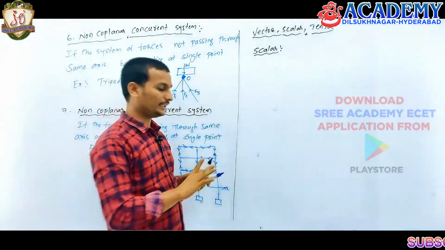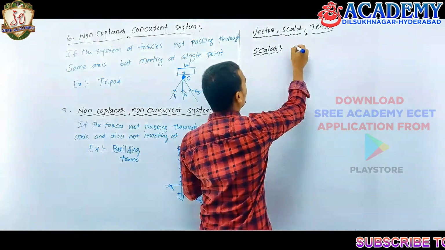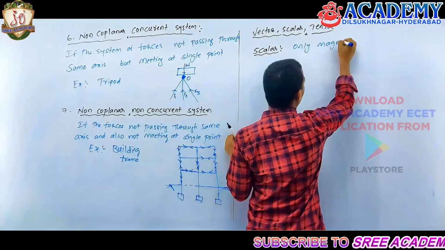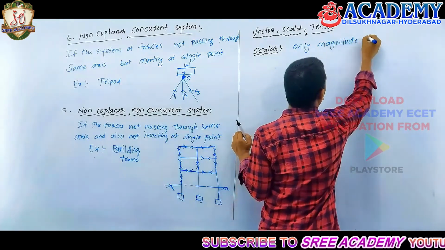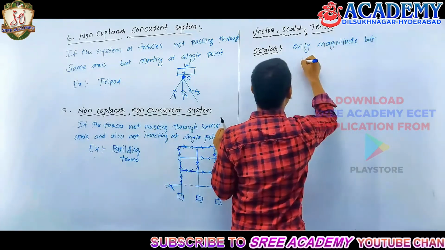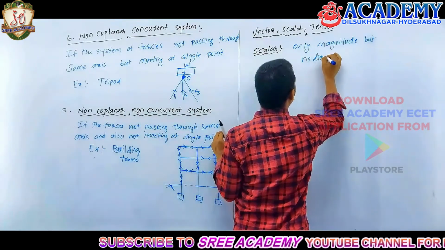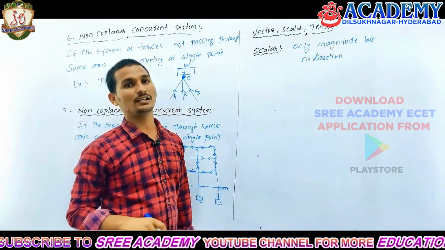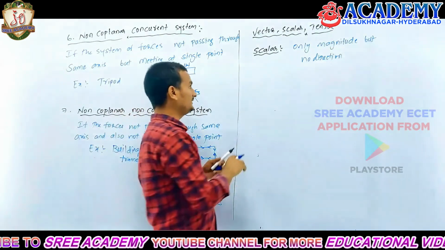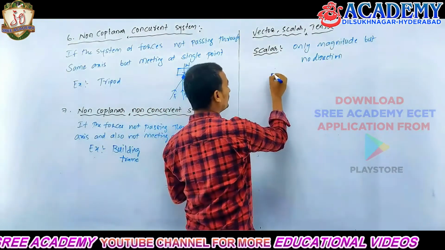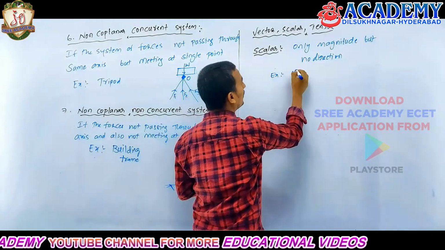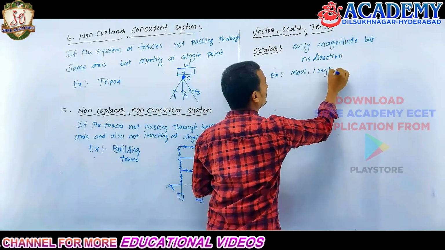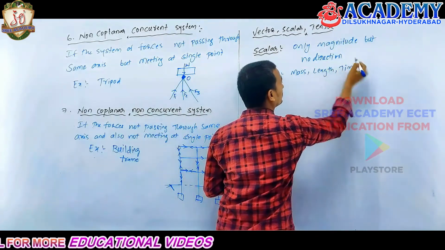So scalar is nothing but only magnitude but no direction, and that is called a scalar quantity. The examples for the scalar quantity are mass, length, time, etc.